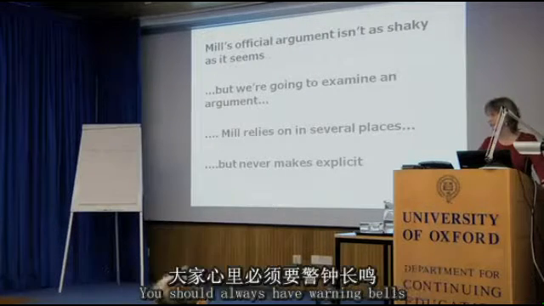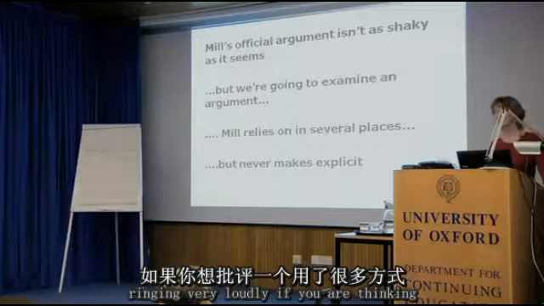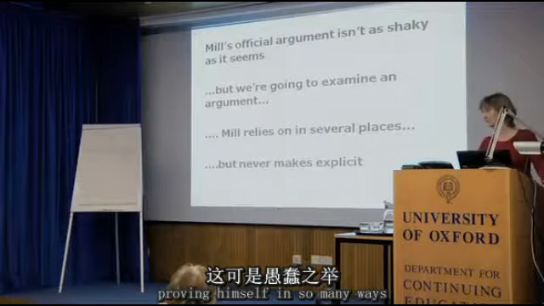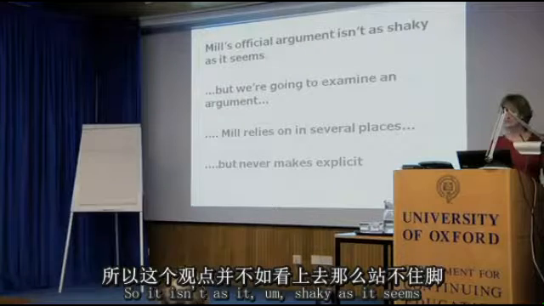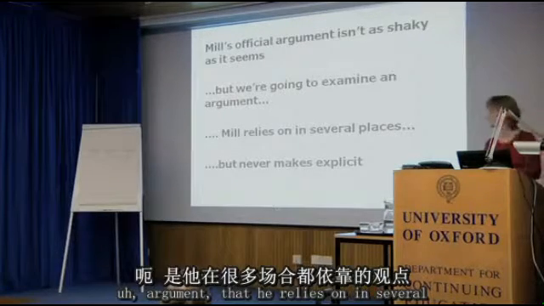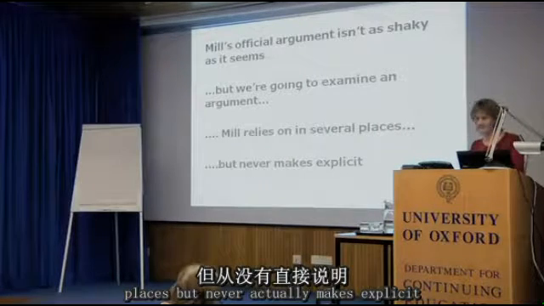You should always have warning bells ringing very loudly if you're thinking what an idiotic thing to say of someone who's proven himself in so many ways. So it isn't as shaky as it seems, but we're going to look at the other argument that he relies on in several places but never actually makes explicit.